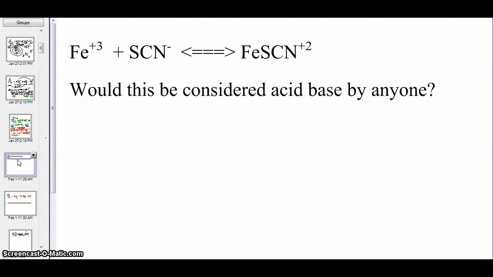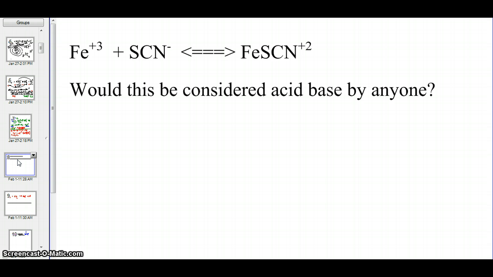If you think about the definitions of proton donor and acceptor and producing hydrogen ions in solution, you might look at this with a big question mark in your head and say, well, absolutely not. Lewis would be the only possible acid-base definition based on what information you see here, and you're absolutely right.